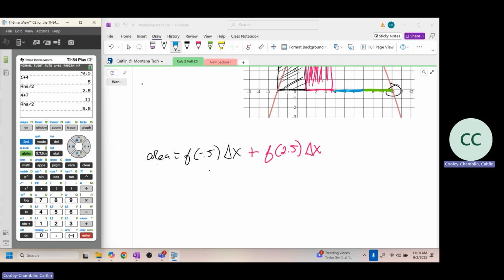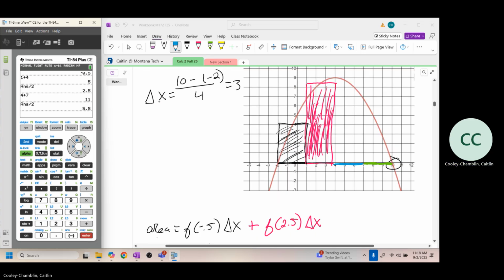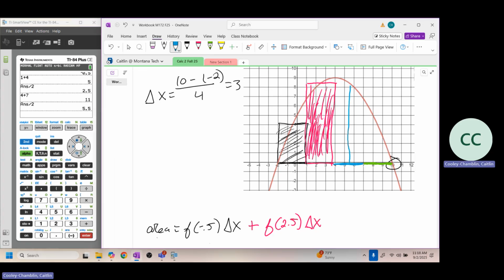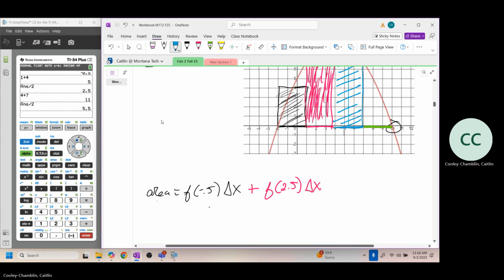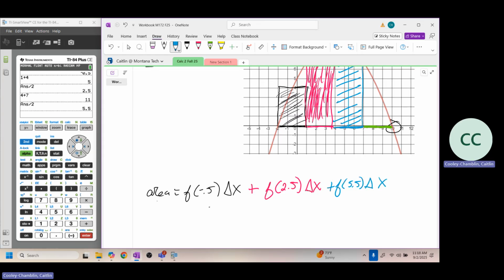So we're going to go to the curve at 5.5. Go up to the curve. Evaluate on either side. Then we're going to color this in. So this is my third rectangle, and this is my function evaluated at 5.5 times delta x.